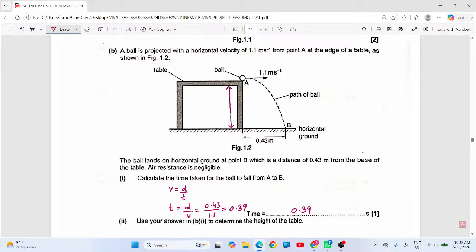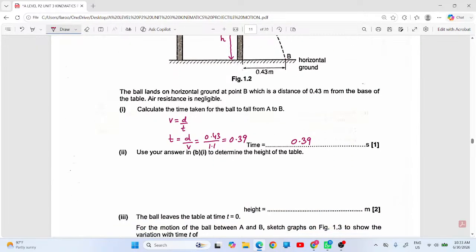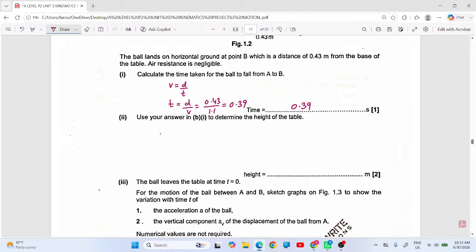Next, the horizontal distance is called the height of the table. Which formula should we use? S equals ut plus 1 over 2 at squared. Height is unknown. The initial speed u is 0, plus half, we put a as 9.81, and t remains the same along x and y, so 0.39 squared.